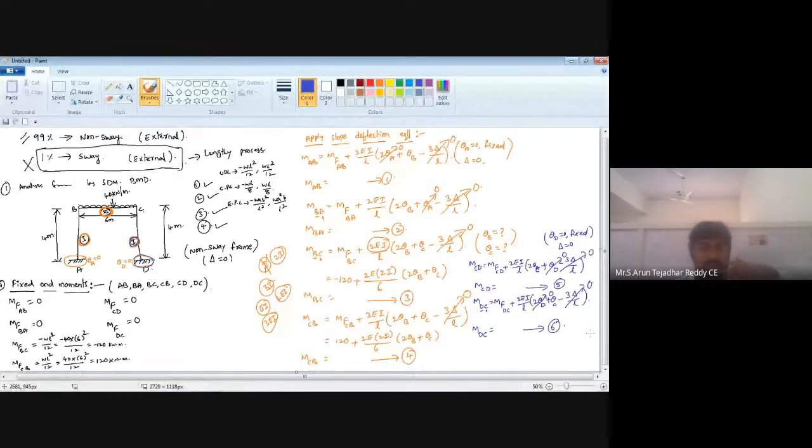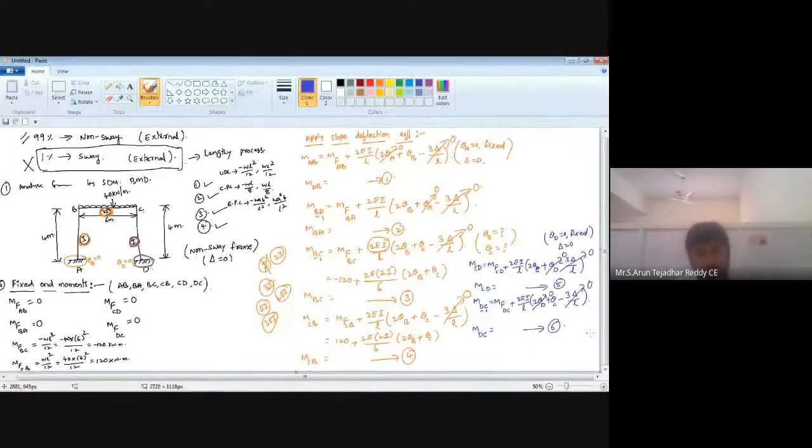After completion of the 6th equation, again we have the joint equilibrium equations. In this given diagram, take joint B, take joint C. All of you take a screenshot here, and do these equations in your homework.